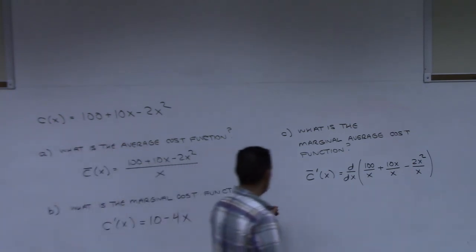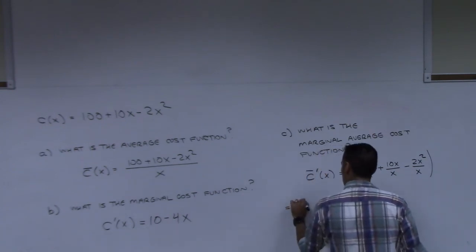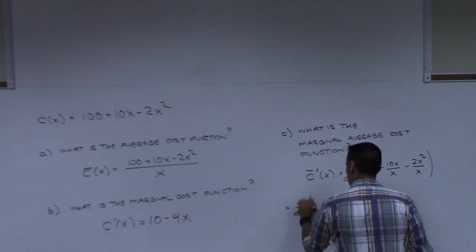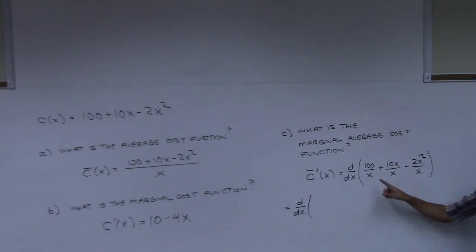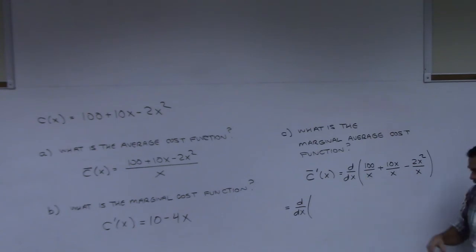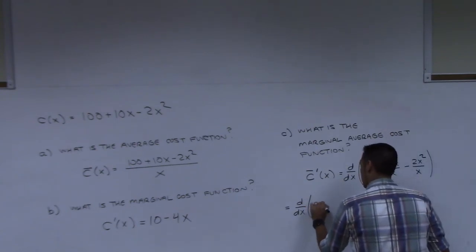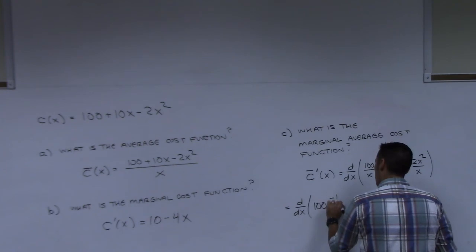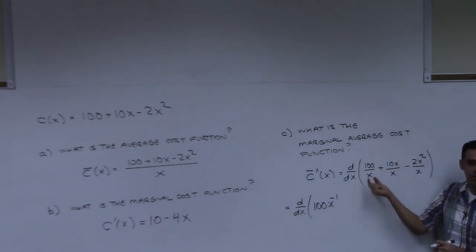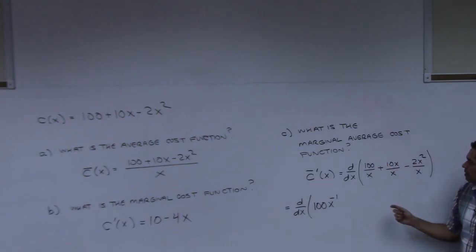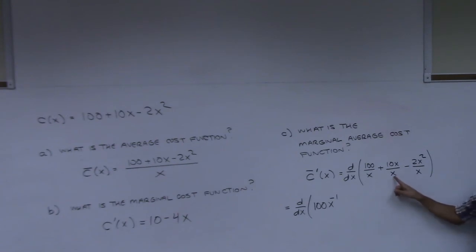Now, I still am not ready to take the derivative, so I'm going to write d dx again, and just help me clean this up. How am I going to rewrite 100 over x? 100x to the negative 1. So remember, if the x is down here, we want to bring it up. Now, how about this one?